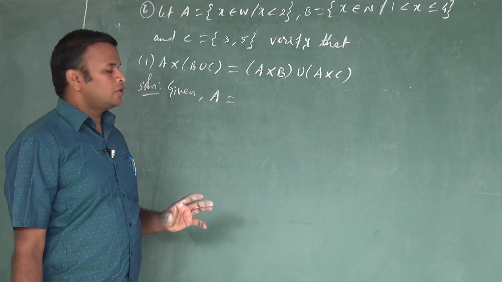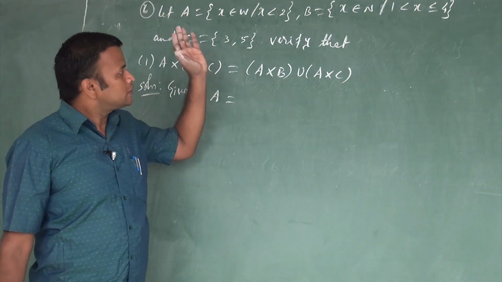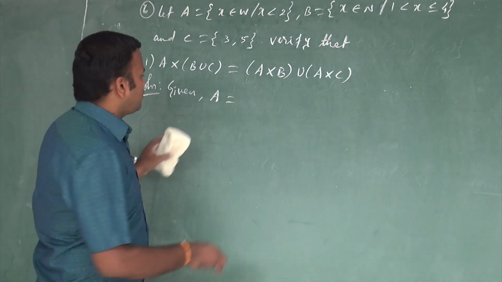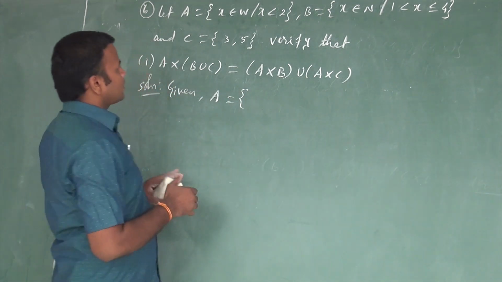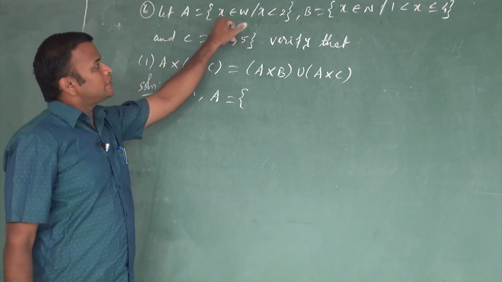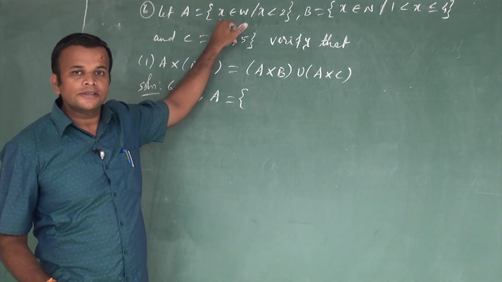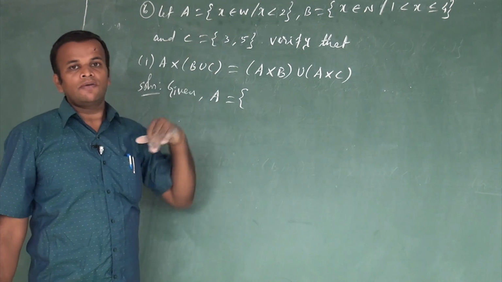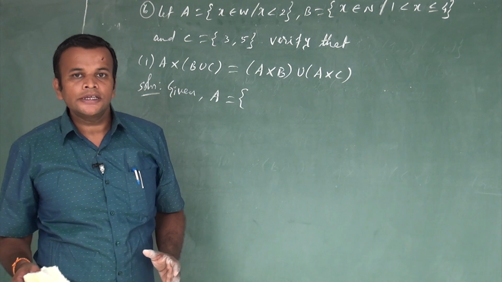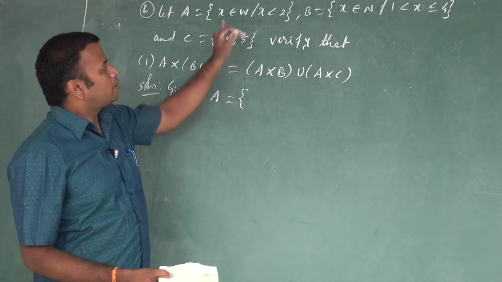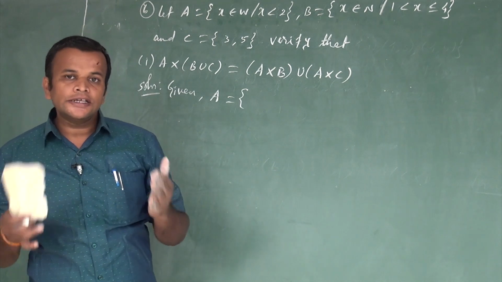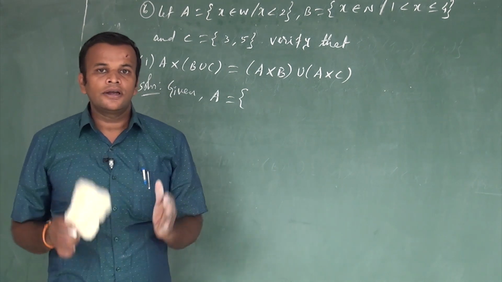So the first step is to convert the given sets A and B into roster form, that is, number form. In set A, all the elements are x, where x is a whole number. You know every whole number starts from 0, the first whole number. It also satisfies one condition: the value of x is less than 2. So what are the possible numbers?